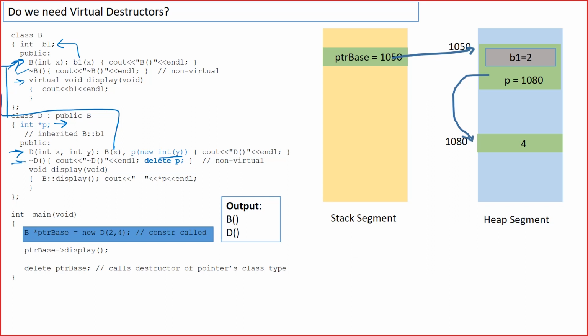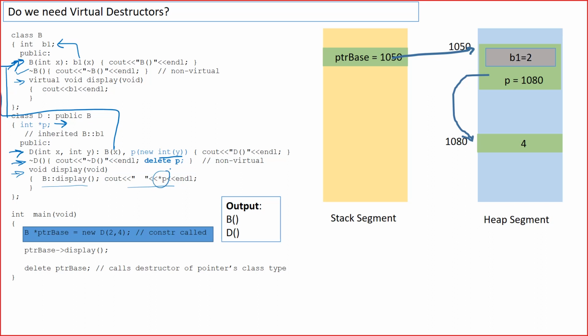This is the destructor for D, which deletes P. And this is the virtual display function inherited from B, where we display the value of B1 as well as the value in P. Star P means the value at the address pointed by P.